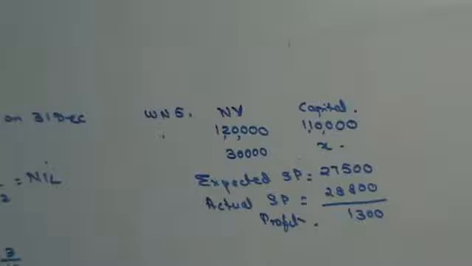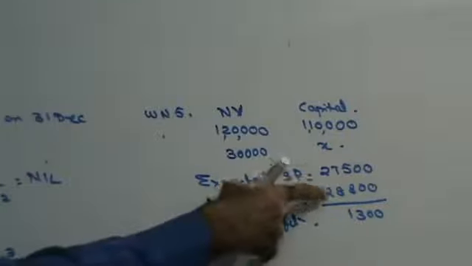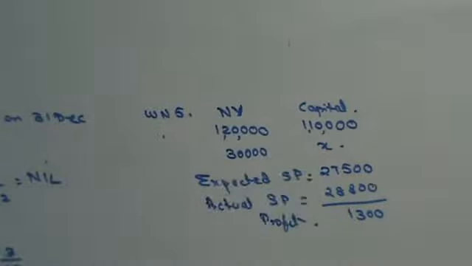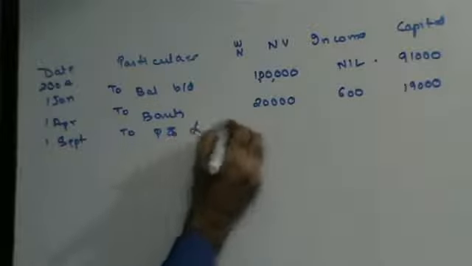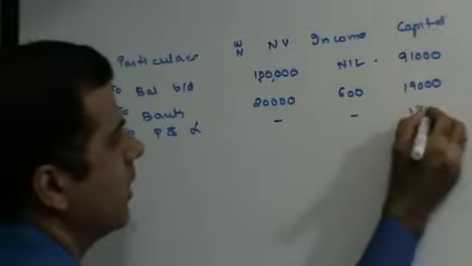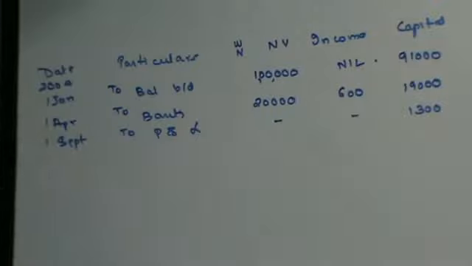You have made a profit of 1,300. You sold for 28,800, where you should have sold for 27,500. You made a profit. So on 1st September, you will record this as to profit and loss, amount 1,300. Okay, let's move on ahead.